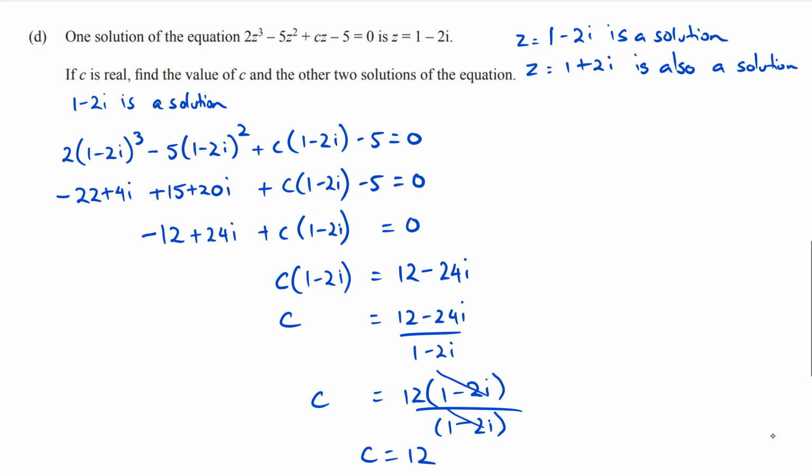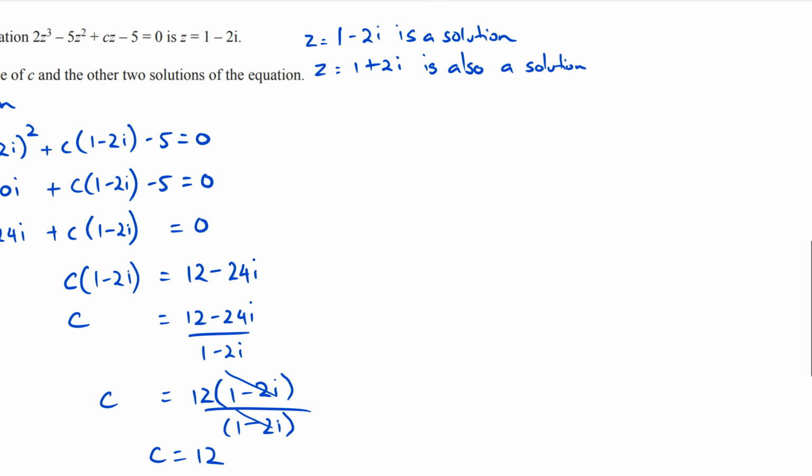So now what we're going to try and figure out is, what is the third solution? Having a look at this, this is where you understand how complex numbers work, or even just how cubics work.